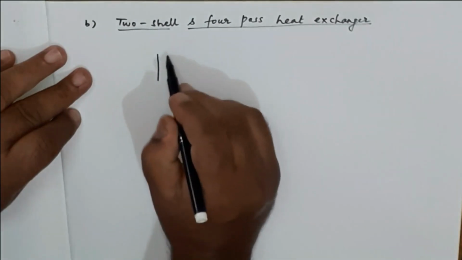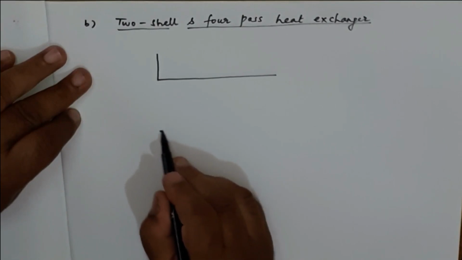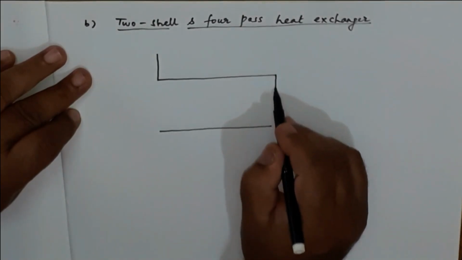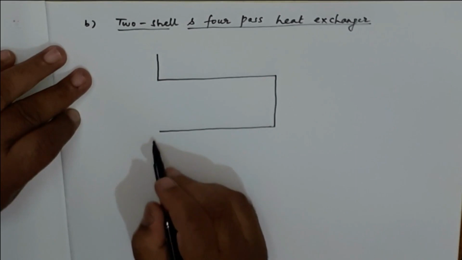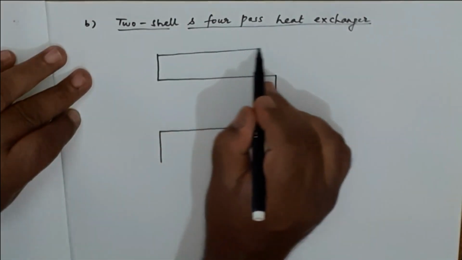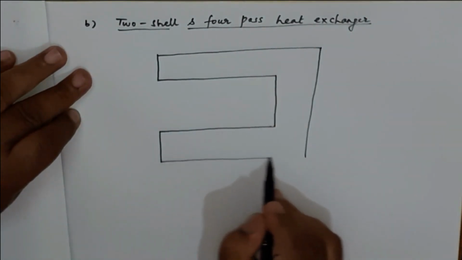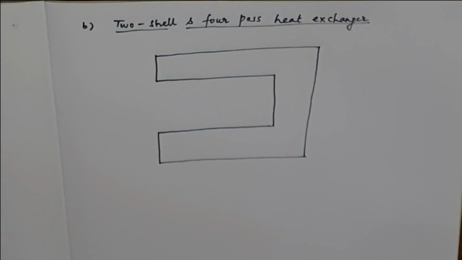So this is the shell I'm going to draw. Okay, I have divided this. This is going to be the shell here. Maybe this line is not parallel, but this is the shell, and I'll draw the tube so that you can understand the tubes here.